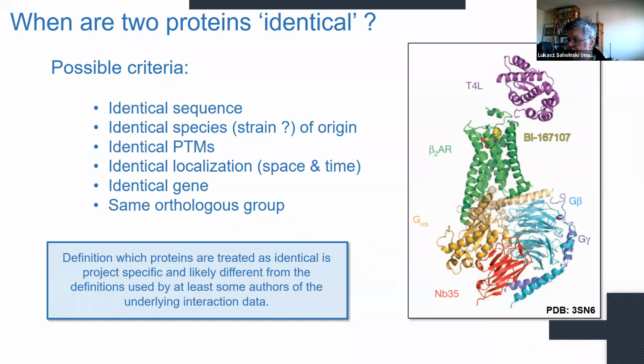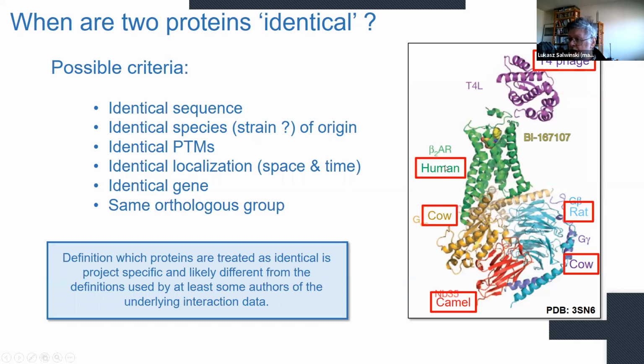If you track the actual protein identities of the individual chains reported in a structure described by this PDB record, then what you're going to find out is that the beta 2 adrenergic receptor came from human.